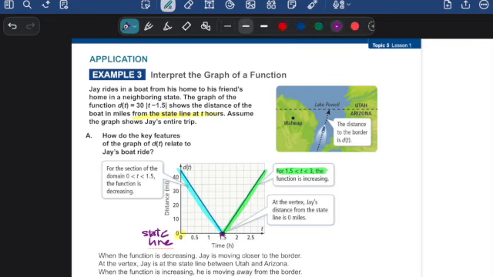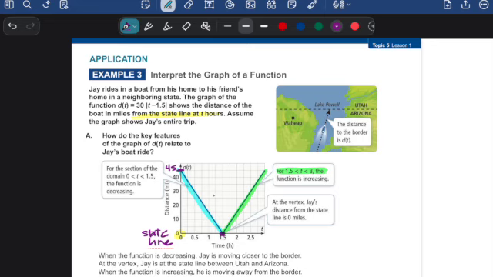How far away is it to the border? We know it takes 1.5 hours, but can we determine how far away it is to get to the state line? Well, yes. We have an initial value. We have an initial distance at 45. So it's 45 miles to get to the state line. But what's he doing?